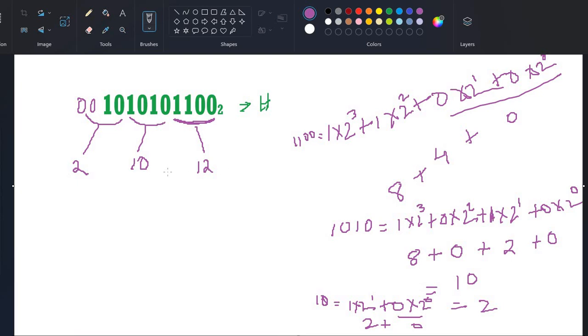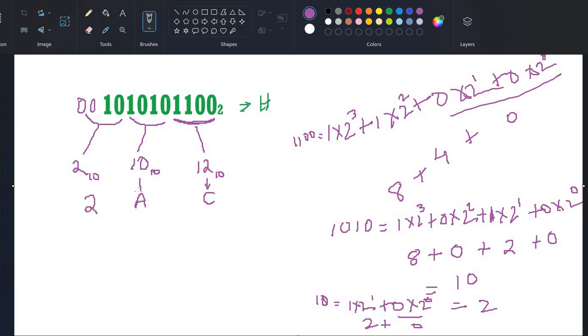So these are decimal equivalents, right? The decimal number 12 represents what in hexadecimal? It represents C. So we'll write C. For 10 of decimal, it is A, right? For 2, it is always 2.